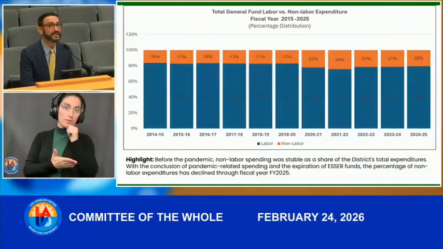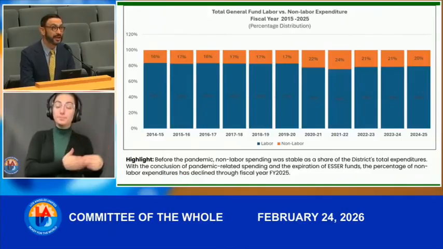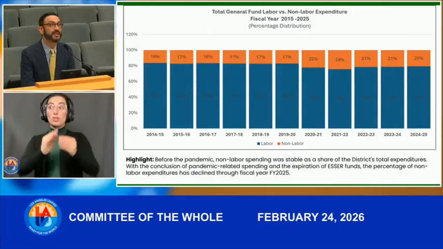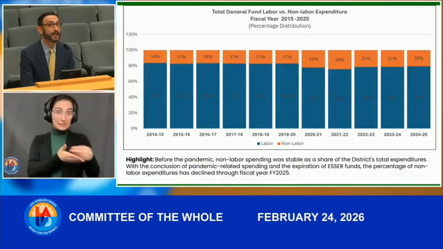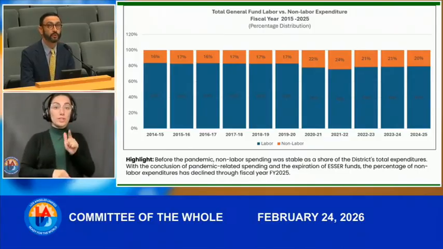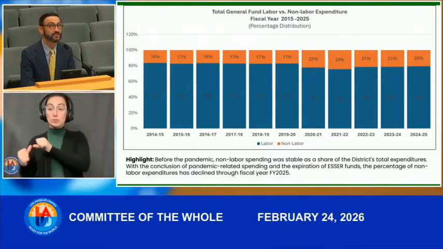First is the share of our total general fund spending or expenditures that were on labor and non-labor all the way back from the 2014-15 school year through last school year, the 24-25 school year.